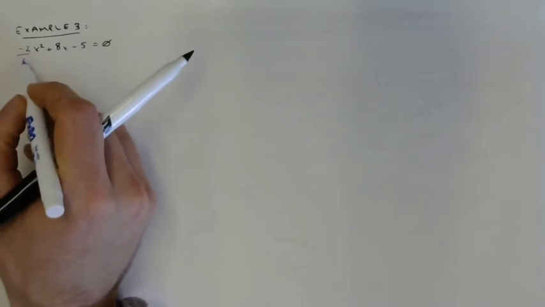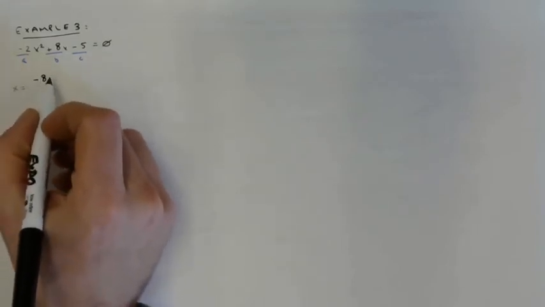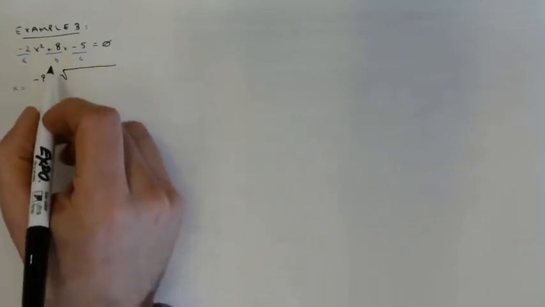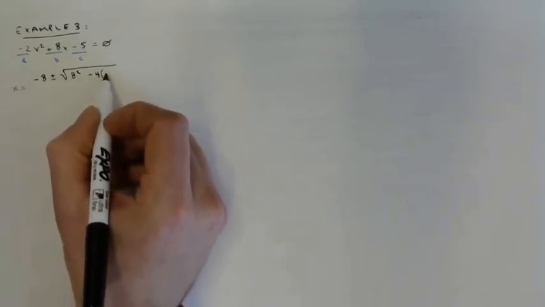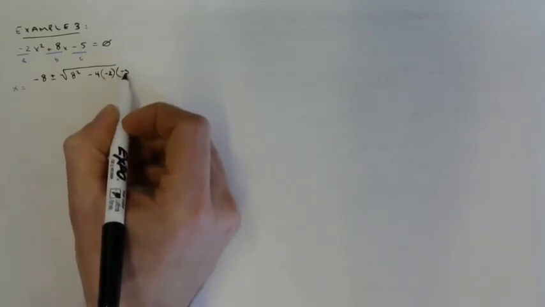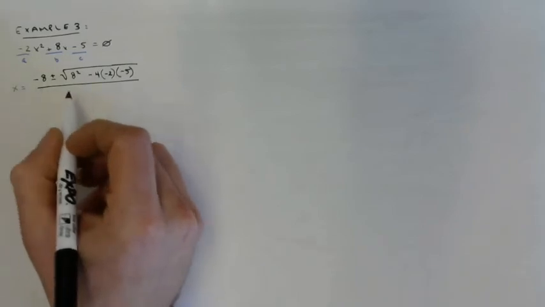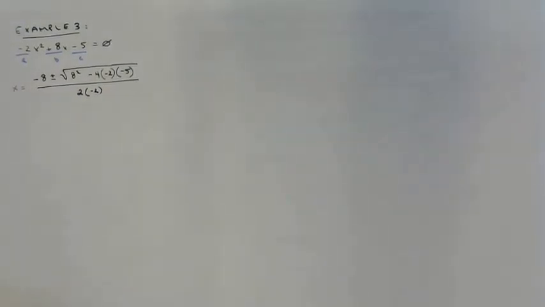Here's a, here's b, here's c. x equals negative b, that's negative 8, plus or minus the square root of b squared, that's 8 squared, minus 4 times a, which is negative 2, times c, which is negative 5, all over 2a, which is 2 times negative 2. Make sure you take your negative signs with your values every single time.